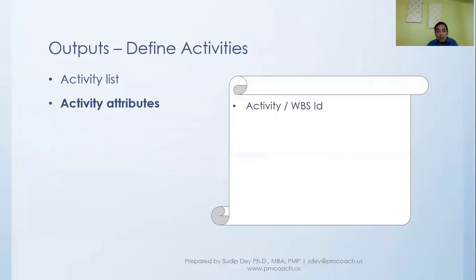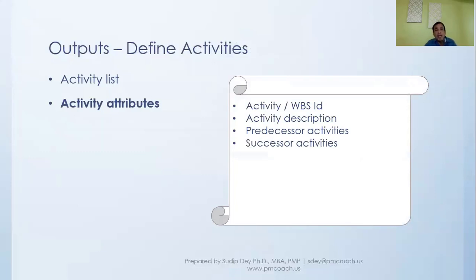This is one of the attributes. Then we'll talk about the activity description, and we'll talk about predecessors. Which are its predecessor activities? In other words, which activity should be completed before I can initiate this particular activity?